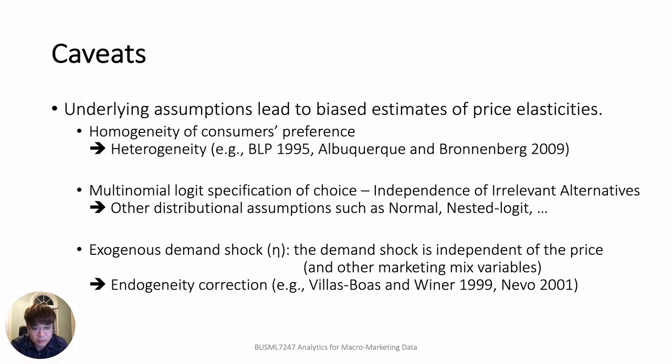But it is not observable, so the effect of the unobserved quality may be captured through the effect of price in the model. This makes the price coefficient underestimated. The problem coming from endogeneity of the demand shock will be discussed in detail later.